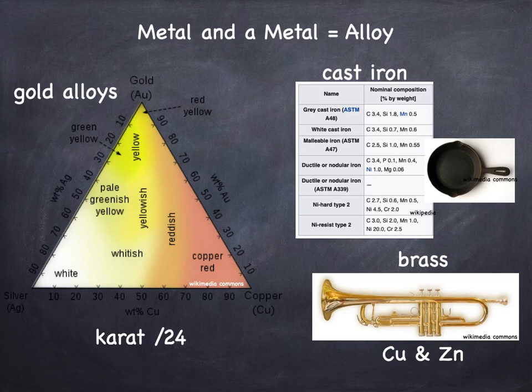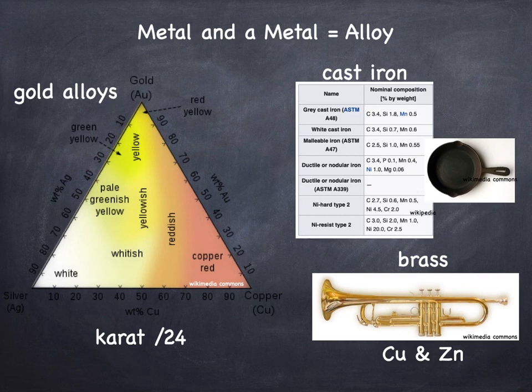I'm not sure what it is, but 24 karat gold just means 24 out of 24 parts are pure gold, whereas 14 karat gold would only be 14 parts gold. And then they're going to mix things in like silver and copper to vary the color and the quality of that metal. And so there are various alloys of gold depending on how much of these other substances are mixed in there.